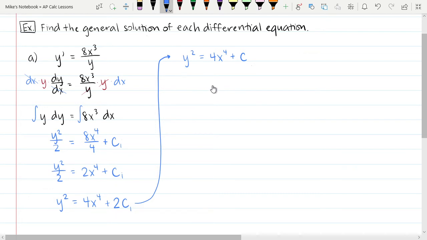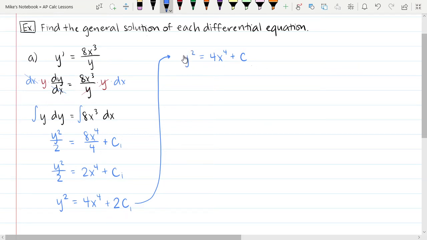And so one of the things you're going to want to pay attention to is on your assignment, if the answer box starts with a y equals, so if you see y equals and then a box, then you know that you need to solve this equation for y. If you don't see a y equals, if you just see a box for your answer and it just says to write an equation, then that means it will accept any equivalent version or form of that answer. Okay, so for this one, let's go ahead and say that we're supposed to solve it for y.